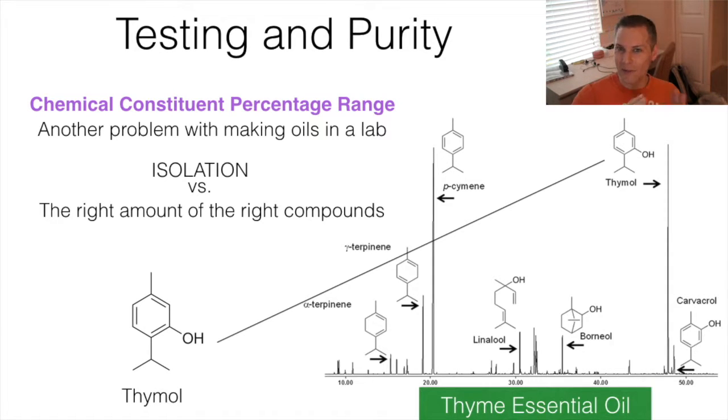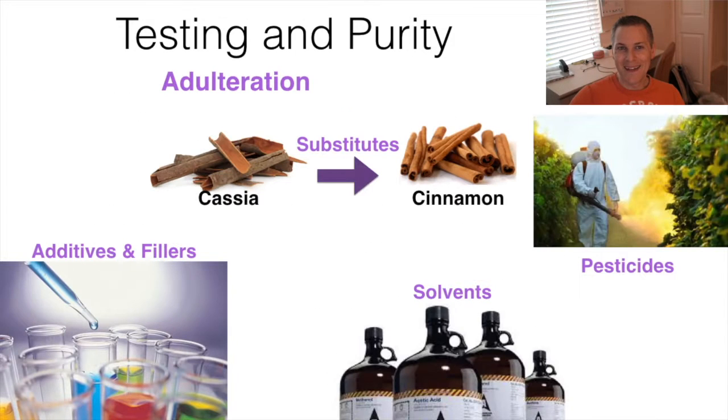And having the right amount of each constituent provides a higher therapeutic benefit, which is why we're going to that essential oil in the first place. Some other reasons that make an essential oil impure: adulteration, sometimes substitution.